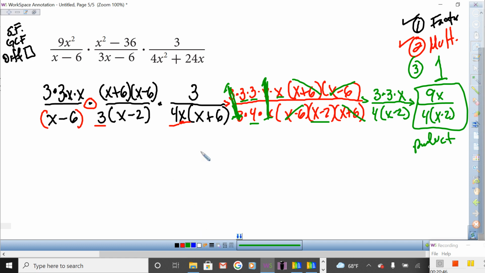Oh, my goodness. Excluded values. Let's see. Do I only use 4 and x minus 2? No. Tell your neighbor what we're going to write for our excluded values so we can start solving that.